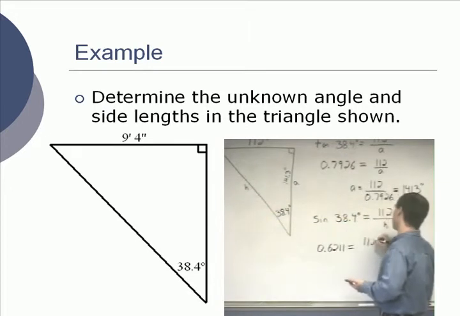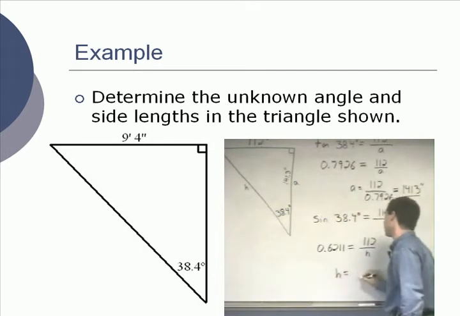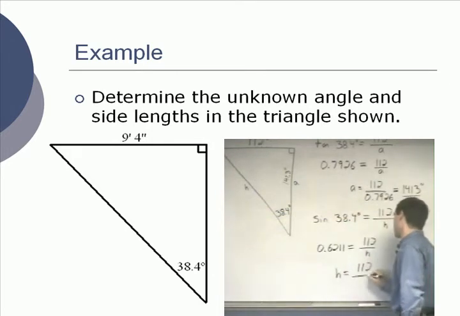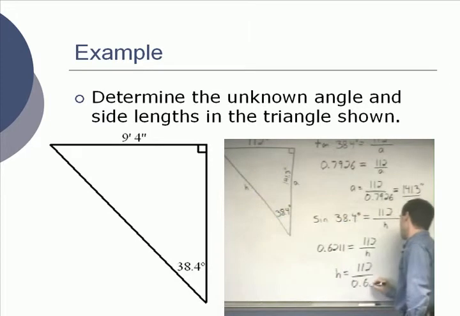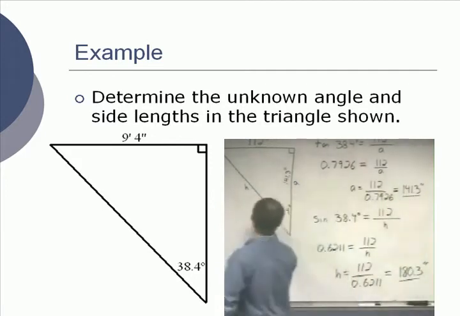That's 112 over h. Do the switch, and we've got h equals 112 over 0.6211, which tells us our hypotenuse is 180.3 inches. Again, we're just going to leave an extra significant digit on there.